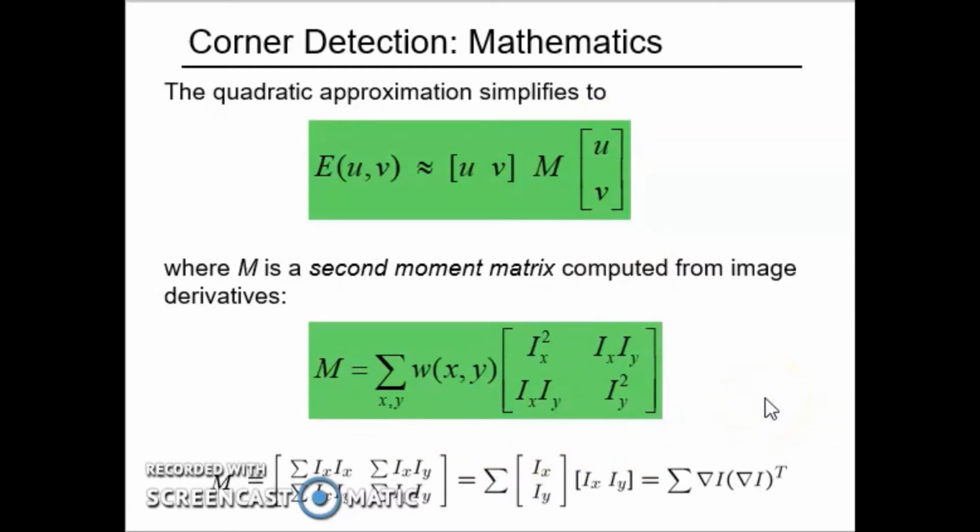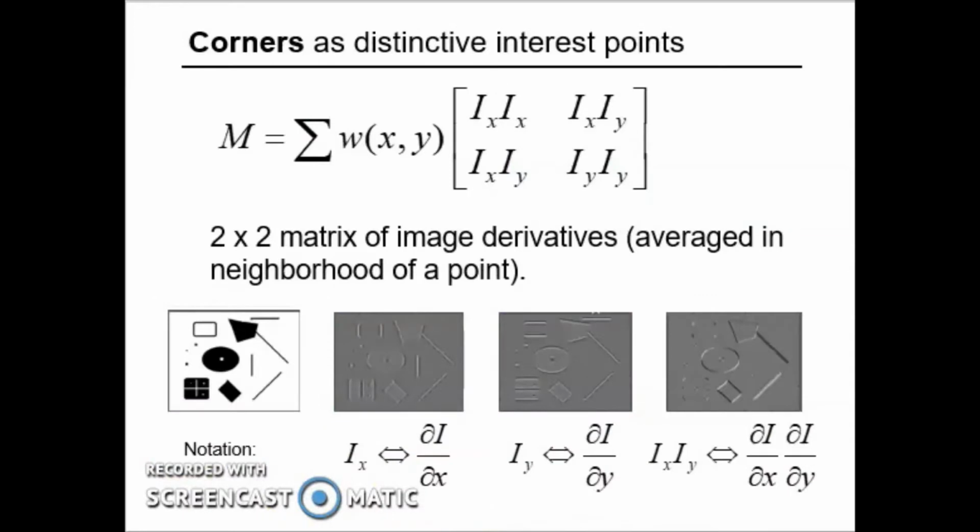And simply, we can write this matrix in this particular form. So using linear algebra, we have basically written this thing into this particular form, and then carrying on from there, this is what we have.